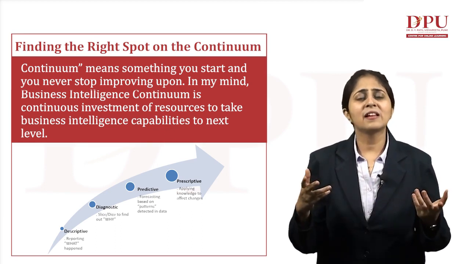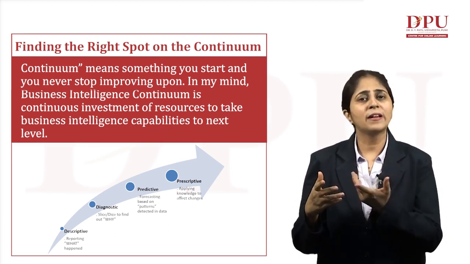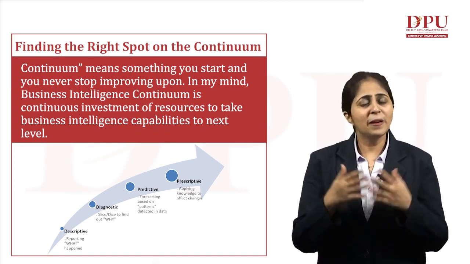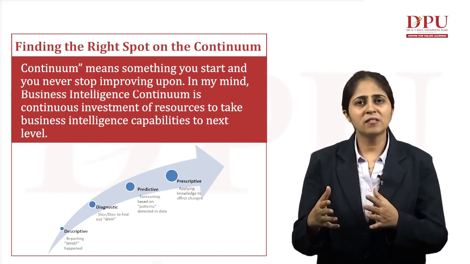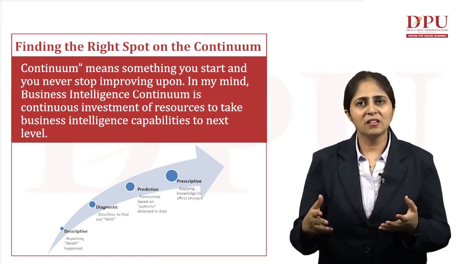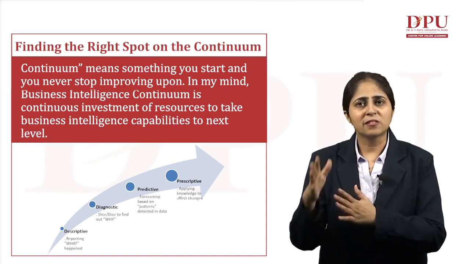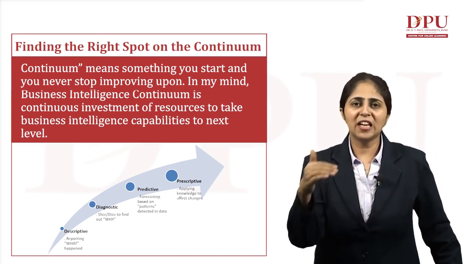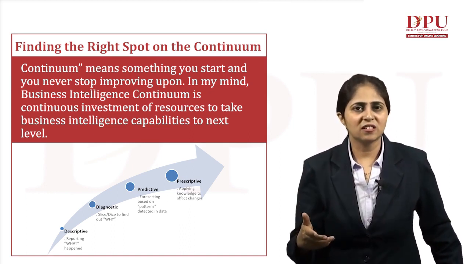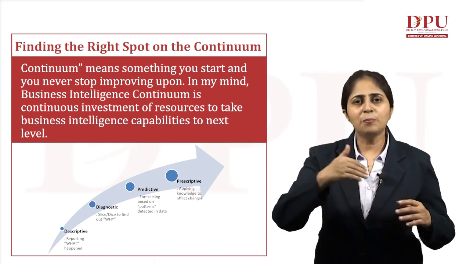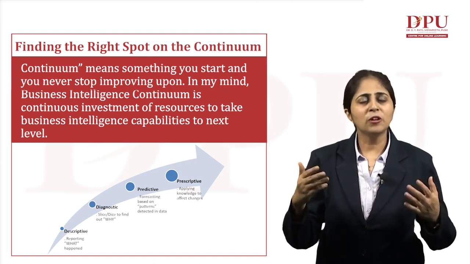Diagnostic slices and dices to find out why this has happened. Then we have predictive, which means forecasting depending on certain patterns which are detected in data. Then the last one is prescriptive, which means we apply the knowledge that we have gained to effect the changes. So we have to keep on doing this, we have to keep on improving.